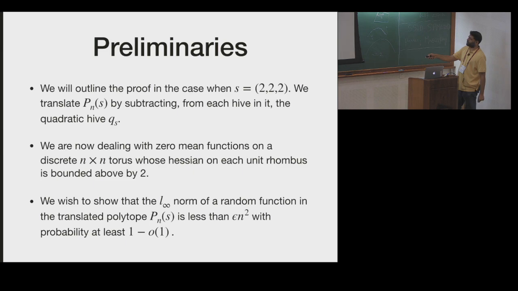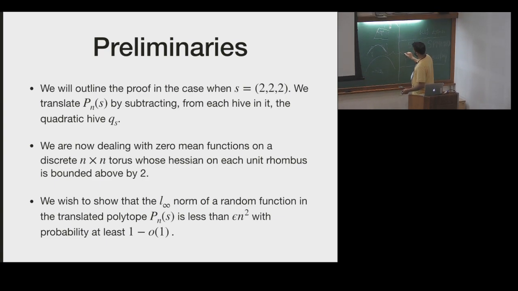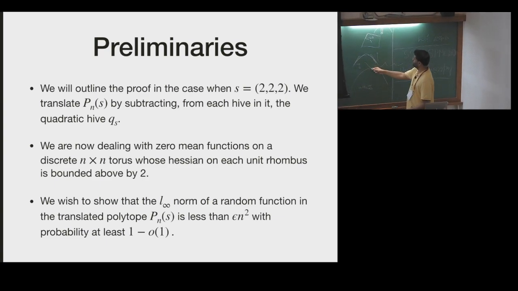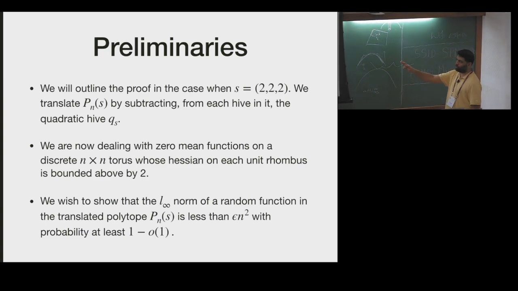Recall that earlier these were concave, so they were bounded above by 0, but now I'm subtracting a particular quadratic hive. While a typical thing might look like this, I'm now subtracting this quadratic hive from everything, and so I get some function that looks like this, roughly speaking. I'm doing this because otherwise I won't be able to deal with functions on the torus.